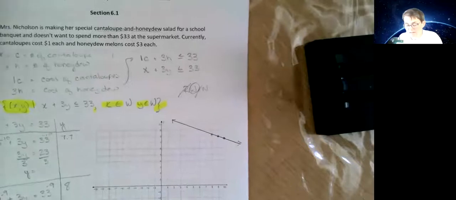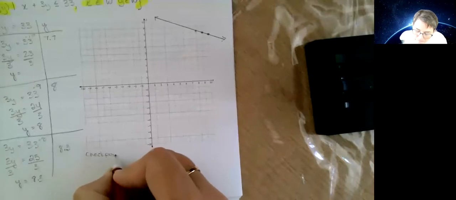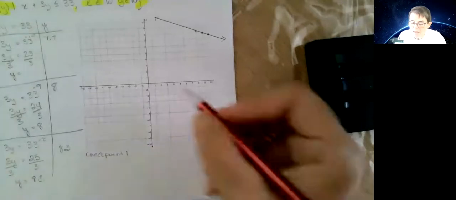We've done that. Now we need our checkpoints. And we're in that room. Yeah, we'll do them at the bottom. Easy? Yep. Oh, 0, 0.